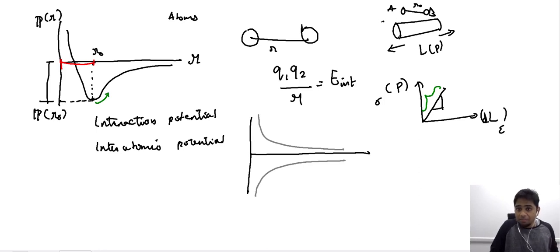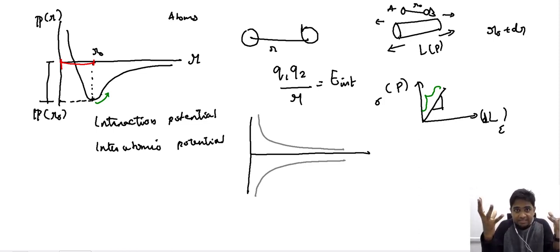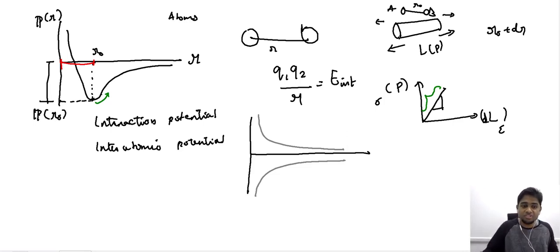When you impose the tensile loading, you are increasing the distance between the A and B atoms, adding to the distance R0, and you increase the interaction energy between the atoms. That is why when you release the tensile load, the atoms get back to the original state of R0. In order to minimize the interatomic potential, the atoms get back to the original state when you are in the elastic region.